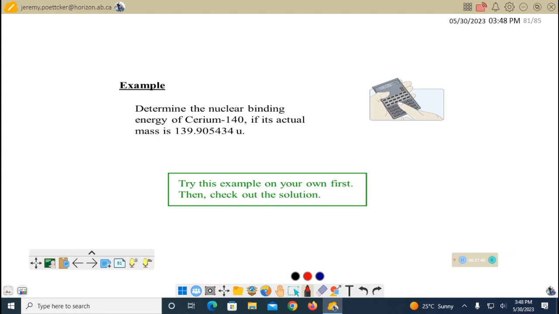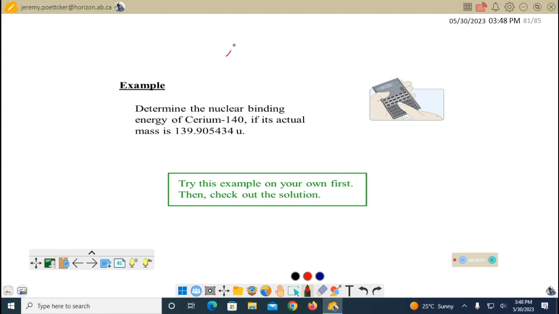All right, so determine the nuclear binding energy of cerium-140 if its actual mass is 139.905434 U. In this case, what do we want to look at? Well, we need to find the mass defect first.